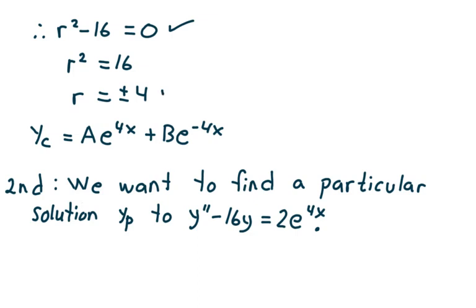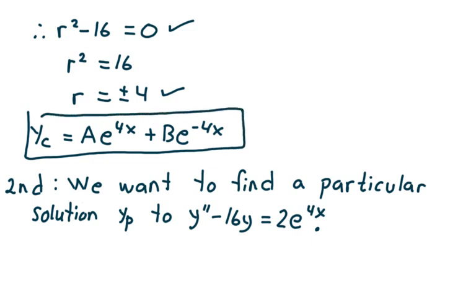Solving for r, I get r equals plus or minus 4. So my complementary solution is equal to ae to the 4x plus be to the negative 4x. So in other words, y sub c is ae to the 4x plus be to the negative 4x.